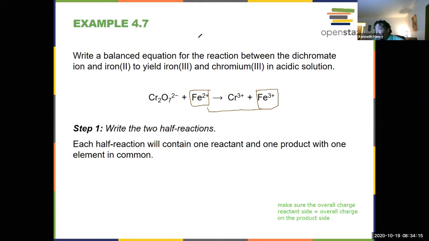We're going from a 2 plus to a 3 plus. If I'm going from +2 to +3, what must be happening? I'm losing an electron. So it's oxidation, right? LEO: loss of electrons, oxidation.